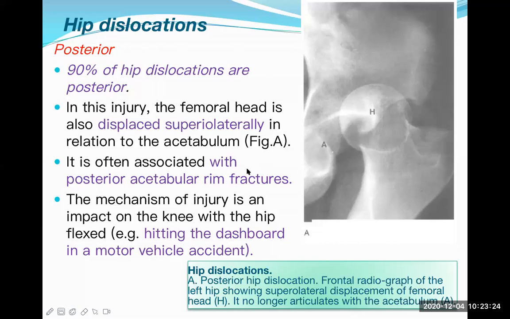It is often associated with a posterior acetabular rim fracture because of the force involved in the fracture mechanism. The common mechanism of injury is hitting the dashboard in a motor vehicle collision or accident.